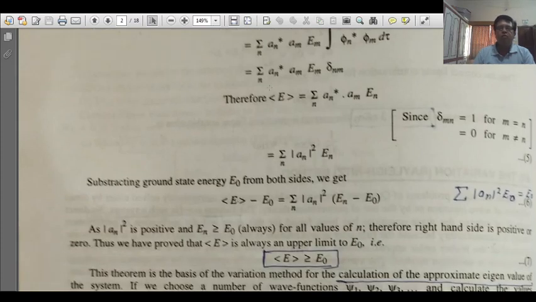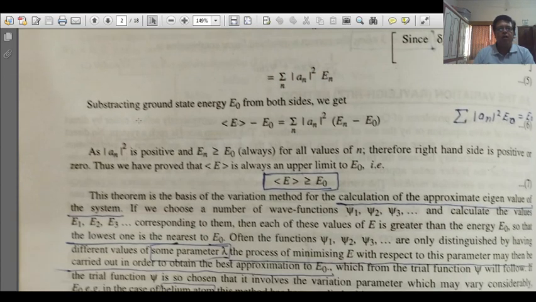So our value for the expectation value of E is summation of E n modulus of a n squared. Now we subtract the ground state energy from both sides. So the equation becomes the expectation value of E minus E0 equals summation over n of modulus of a n squared times E n minus E0.